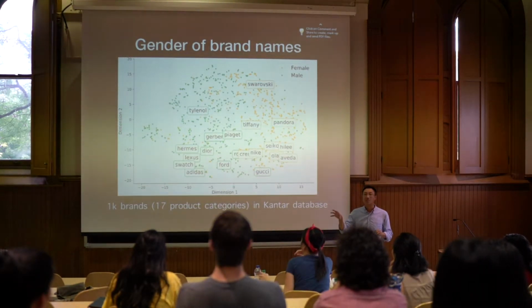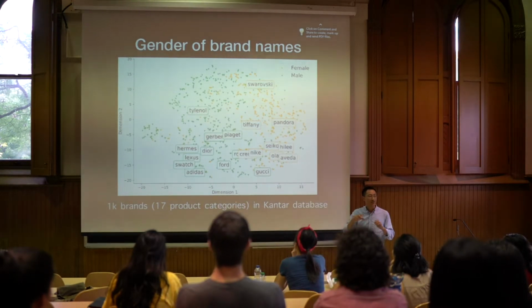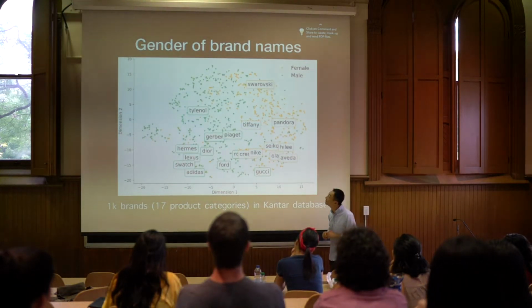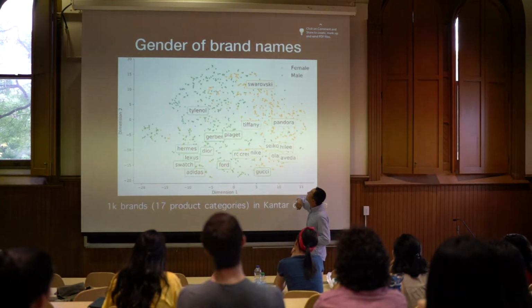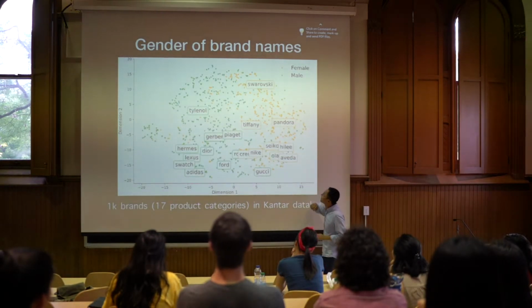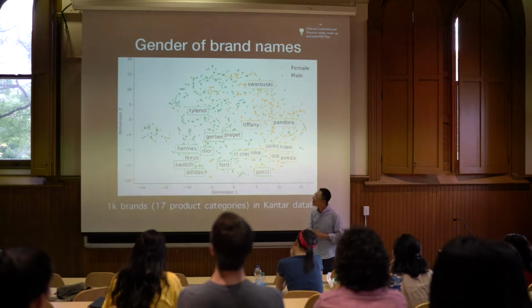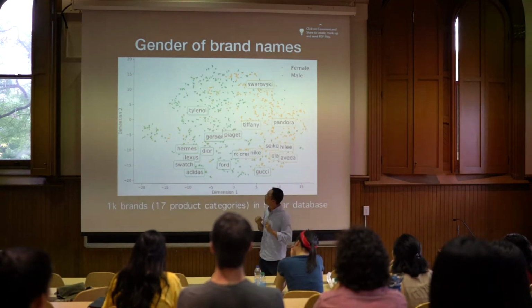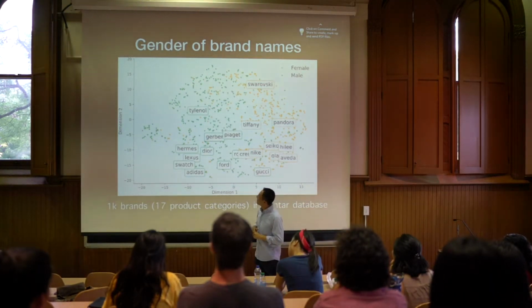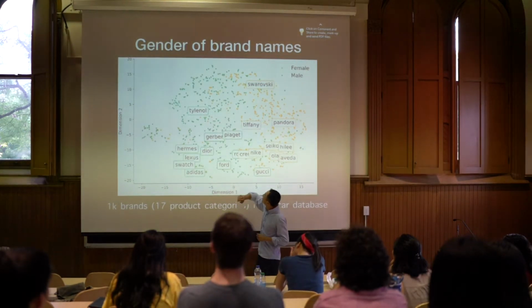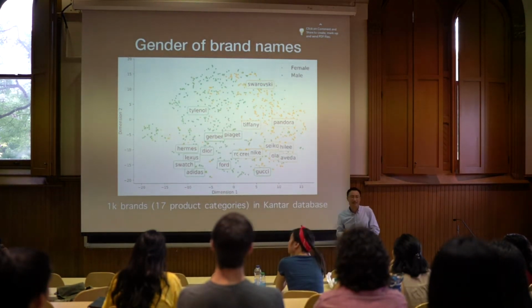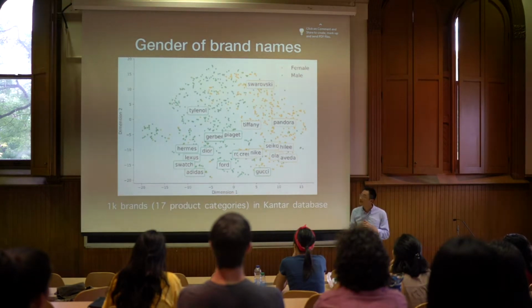This is the same model that we have used to predict gender in people's names. You see some familiar names here, such as Swarovski, Pandora, Tiffany, Nike, predicted as female names. You also see some male names, such as Gerber, Deere, Ford. It's kind of making sense of the predictions here.